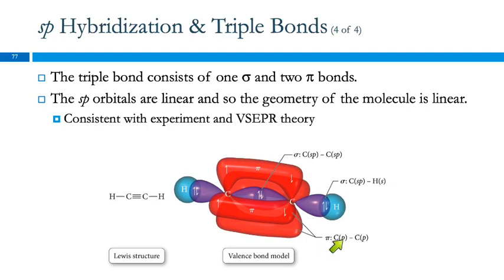So pi, and it's between a carbon p orbital and a different carbon p orbital. So that's one p orbital, right? Going side to side. And then the other one's sticking in and out. Those are the unhybridized orbitals.